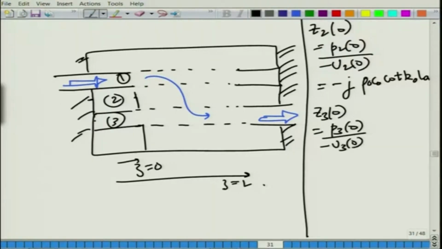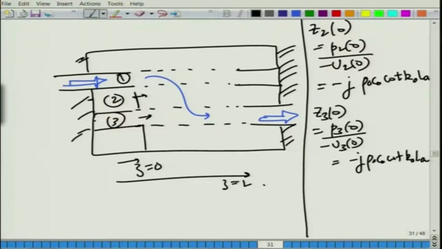Again, why is the minus sign? Because velocity is considered positive along this direction. But because you are looking into the cavity, minus u3 will change the direction of velocity, and then you have this expression readily applicable. So here also it will be k naught L A.